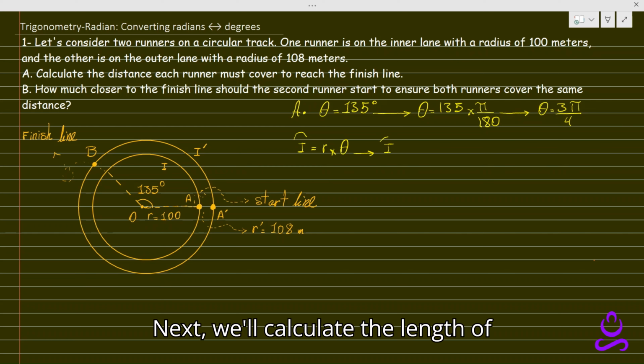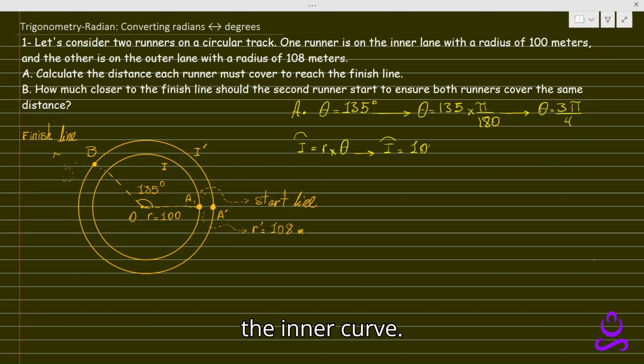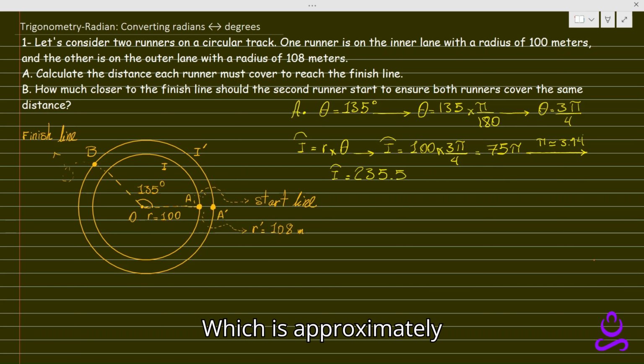Next, we'll calculate the length of the inner curve, which is approximately 235.5 meters.